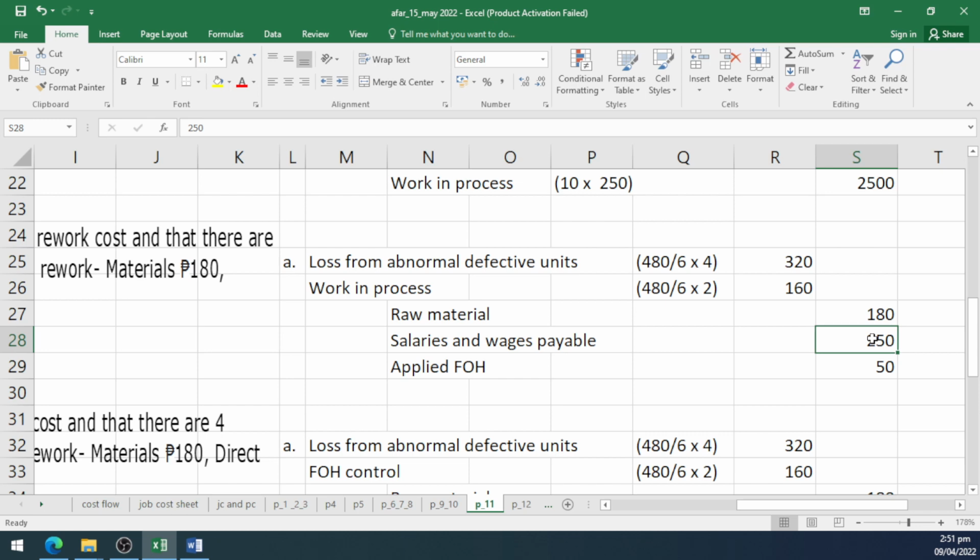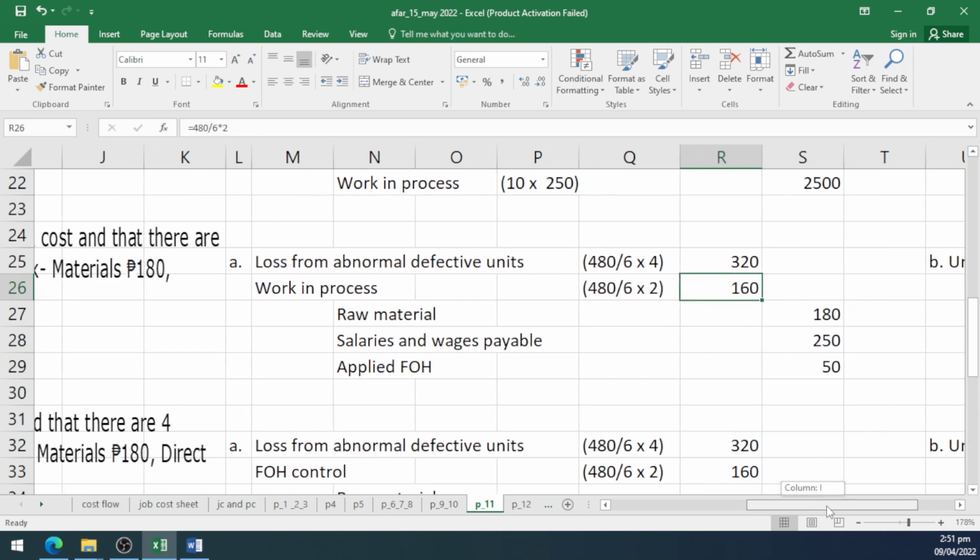Pag nangyari yung rework for that particular job, saka i-accounting, i-charge, i-debit sa work in process. Kaya yung rework cost ng 2 units, ayun, work in process, dadagdag sa cost. Ayan. Now, to compute our unit cost, syempre, mag-i-increase. Ginalaw natin yung work in process eh. Charge to specific job kasi yan eh.